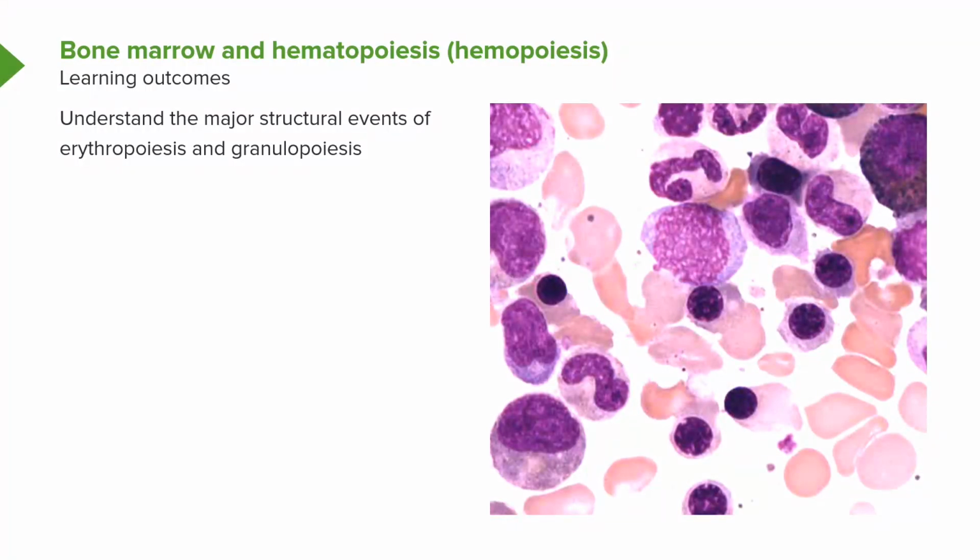Well, in this lecture, I'm just going to briefly cover some of the major lineages or major processes whereby stem cells can give rise to progenitor cells, and each of those populations of progenitor cells can then give rise to the blood cells.